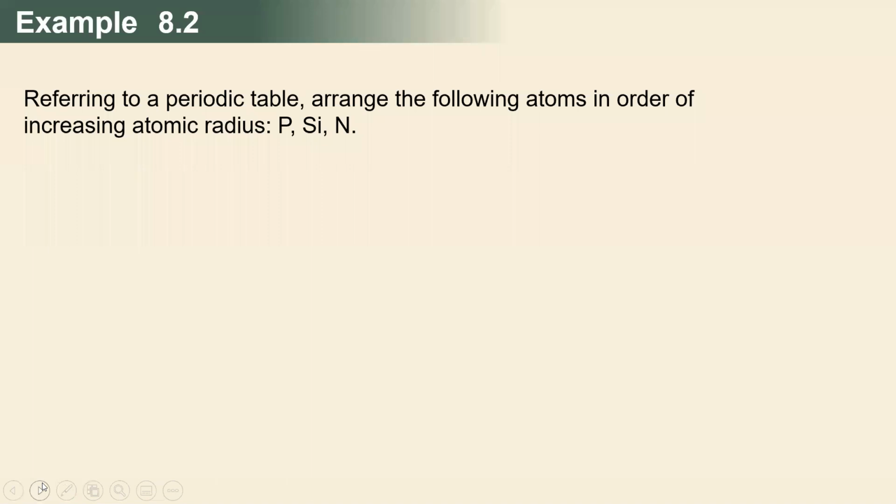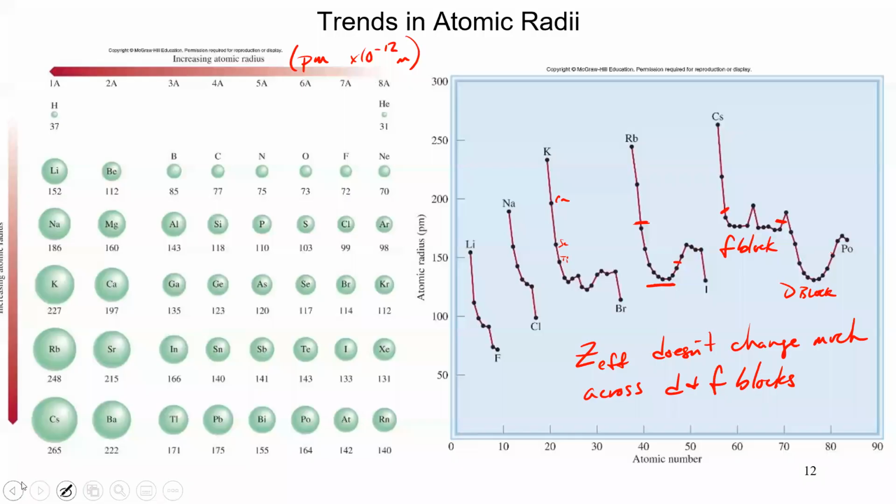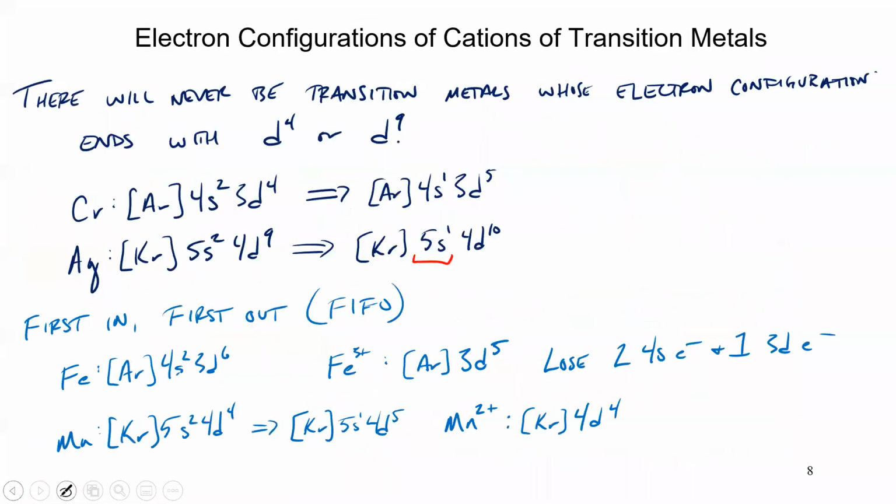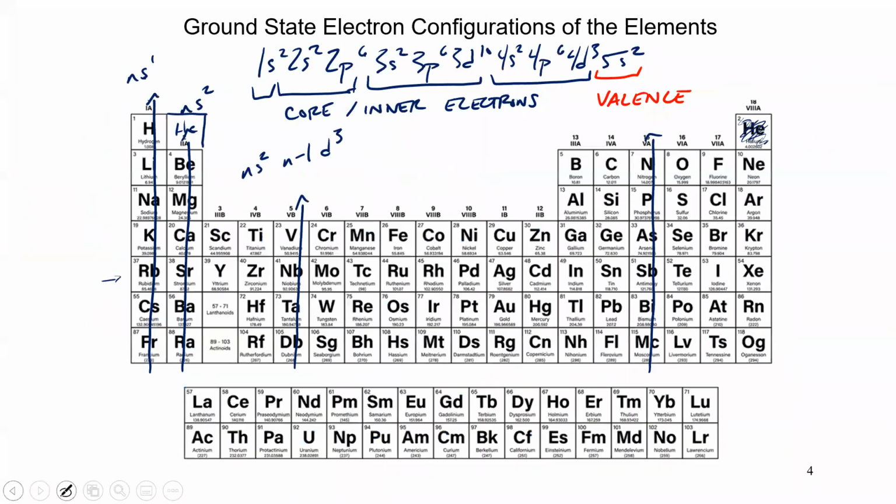Right. So looking at a periodic table, arrange the following atoms in order of increasing atomic radius: phosphorus, silicon, and nitrogen. Remember, it increases right to left and top to bottom. So if you have a periodic table handy, phosphorus, silicon, and nitrogen. So let's take a look here. I have a periodic table where they're all labeled. Here we go. Phosphorus, silicon, and nitrogen.